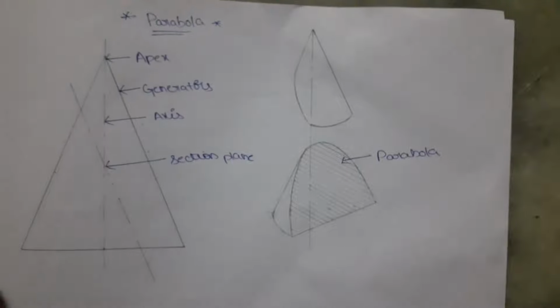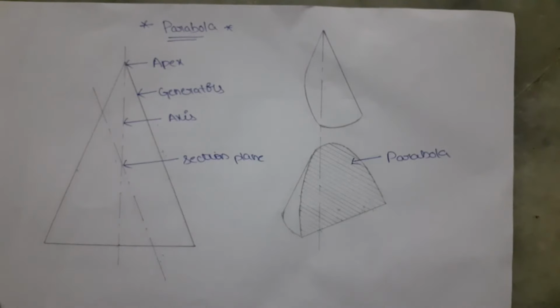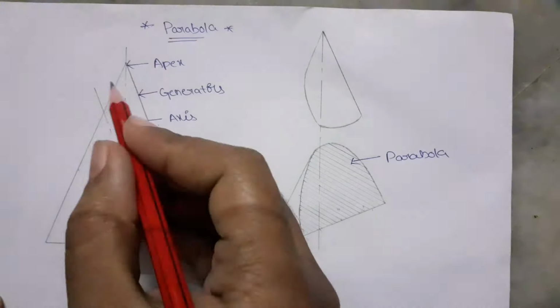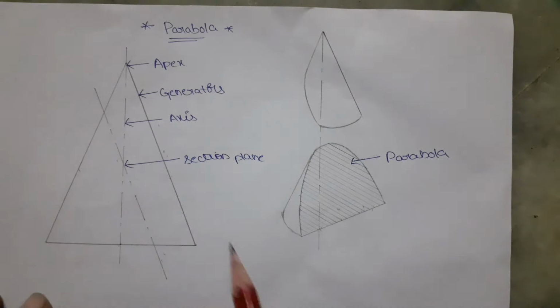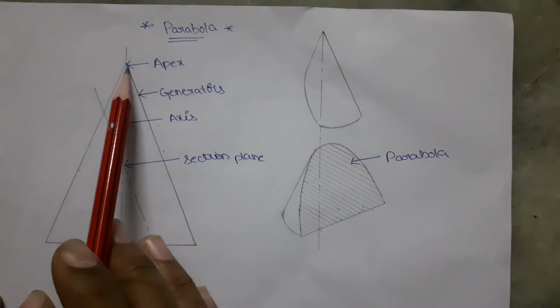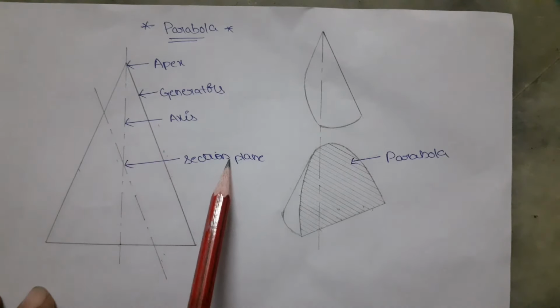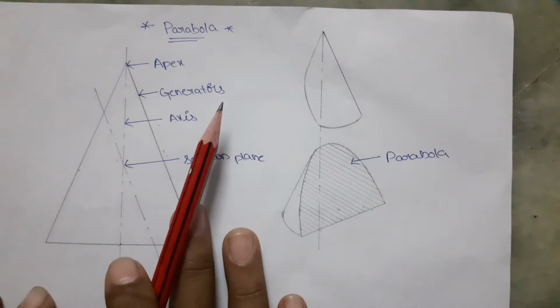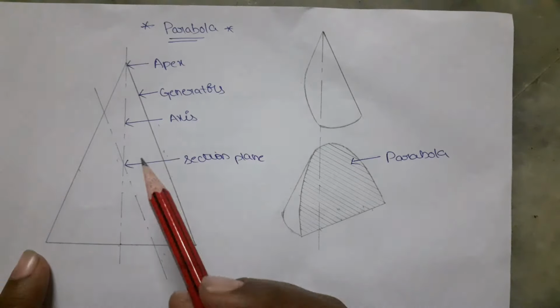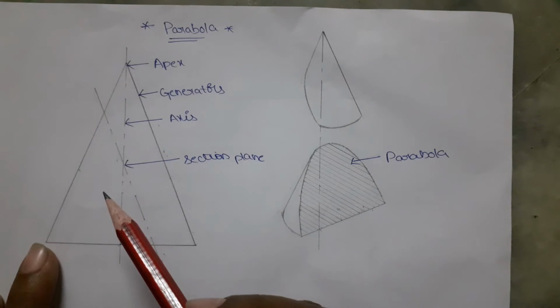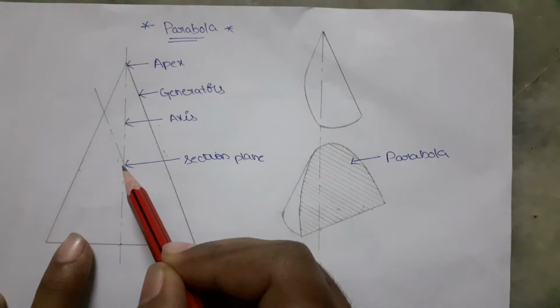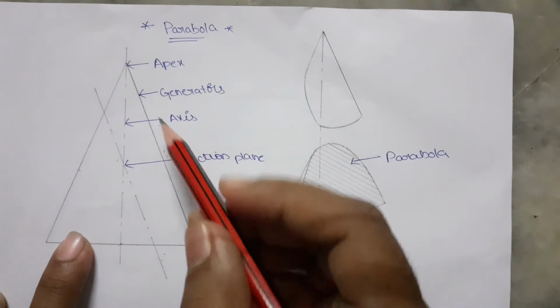Next, coming to the parabola. Here also we consider the same cone. This is the front view of the cone again. These are the parts of a cone: apex, generators, axis and the section plane. In a parabola, the section plane is passed parallel to the generator.